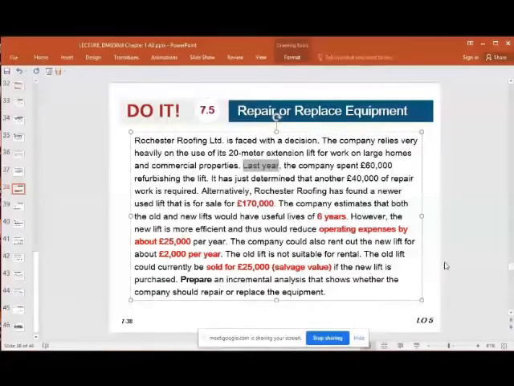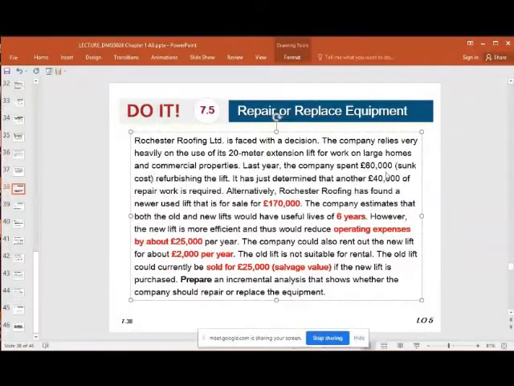No, correct. If it happened last year, then it is a sunk cost. 60,000 is a sunk cost, because it happened last year.